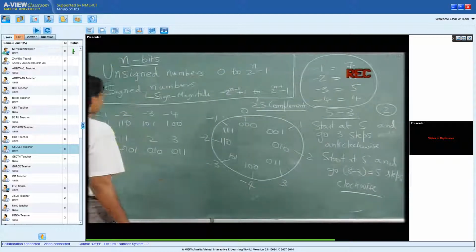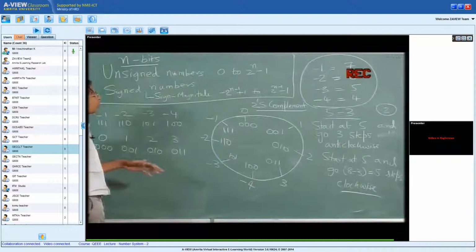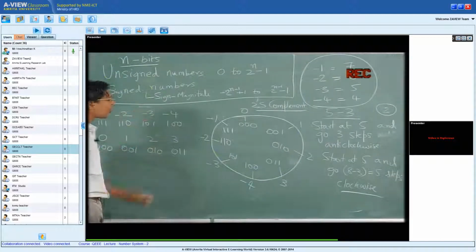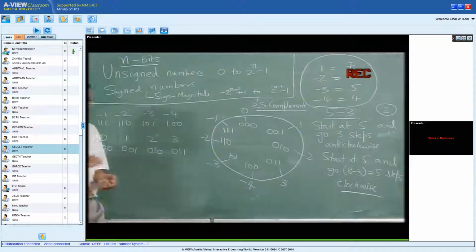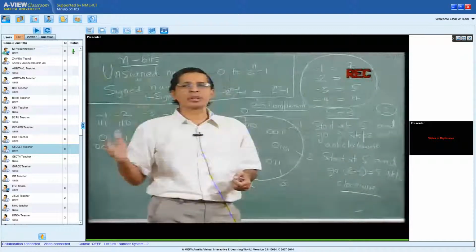For the simple reason, as I again mentioned, suppose I want to do 3 minus 1, it is 2 steps anti-clockwise, or it is 6 steps clockwise, and since -1 is modeled as 7, whenever I find -1, instead of going 1 step anti-clockwise, I will do 7 steps clockwise.